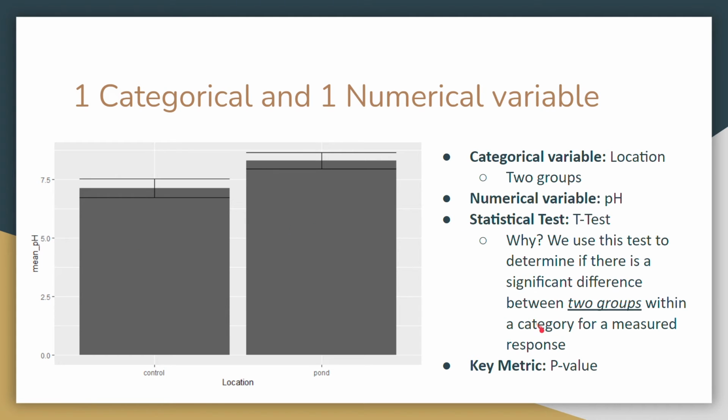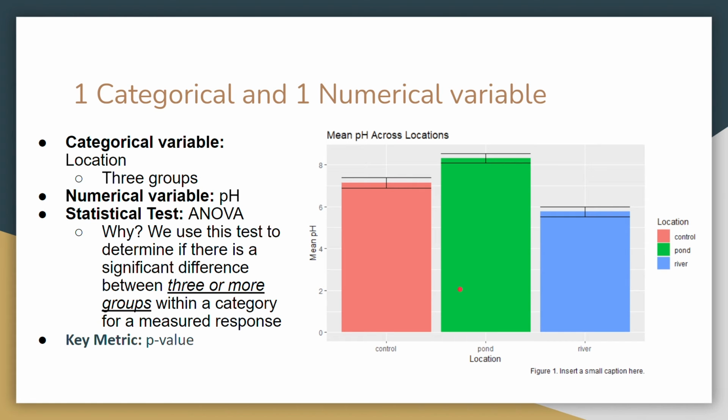And what we have is if the p-value is less than 0.05, which is generated from the t-test, then we can reject the null hypothesis of no difference, and we would sort of accept the alternative. I wouldn't say that's true, but we're accepting in this scenario that the alternative would be that there is a difference between the control and the pond when it comes to the pH of these two locations.